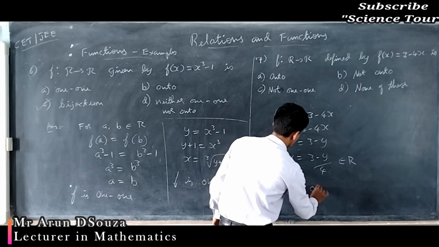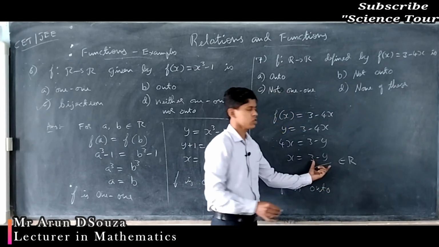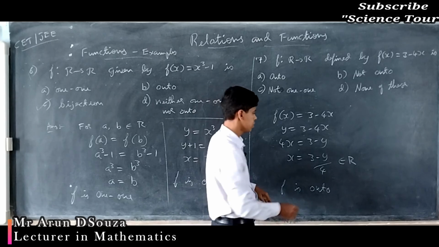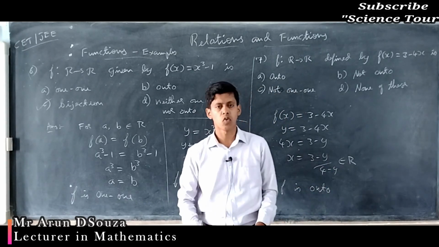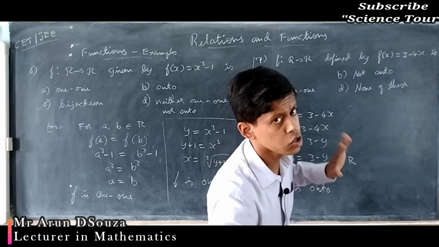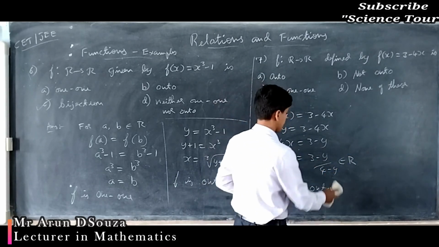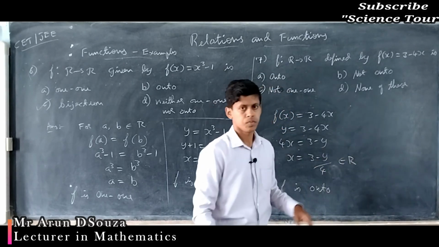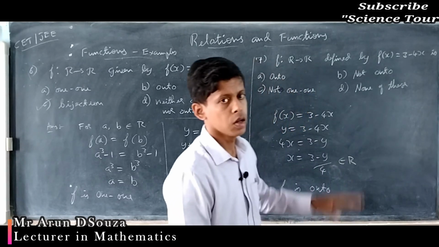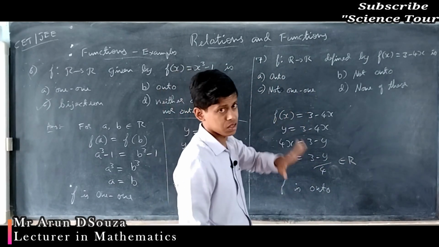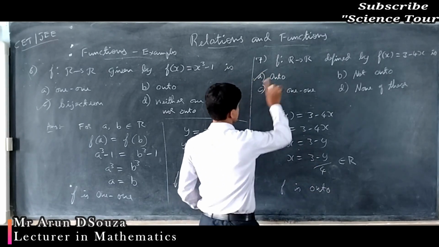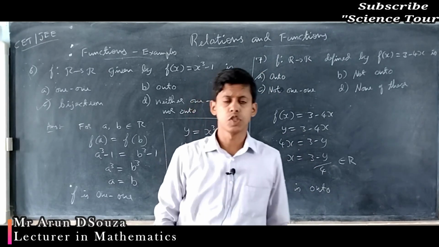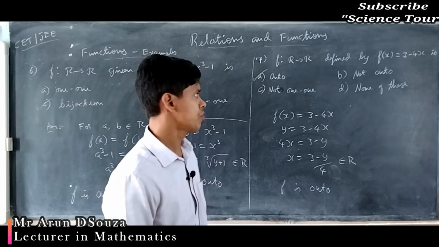So f would not be onto if this quantity is not defined. For example, if you have minus y here, when this is not defined, if y is 4, then this is not onto, because 4 does not have a pre-image. Anyway, now since this is onto, you get the first option. So that is about 1-1 and onto.